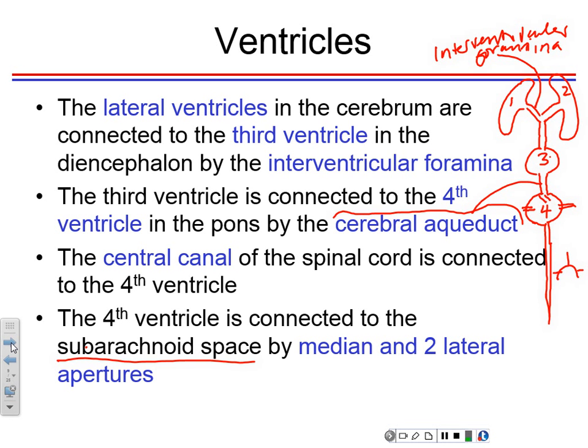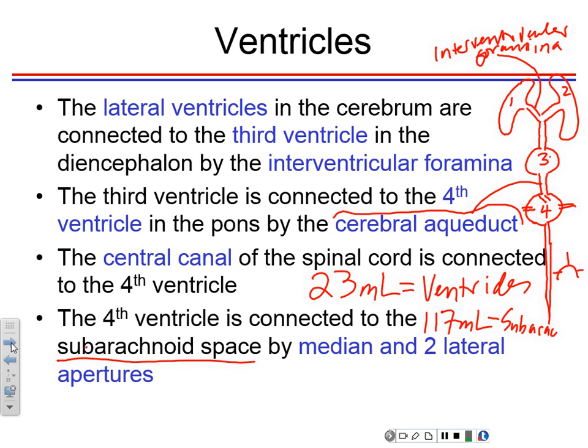And that's how the fluid circulates into the subarachnoid space. If you want to get a feel of it, 23 mL of cerebrospinal fluid is in the ventricles, and 117 mL is in the subarachnoid space. That's what cushions the brain.